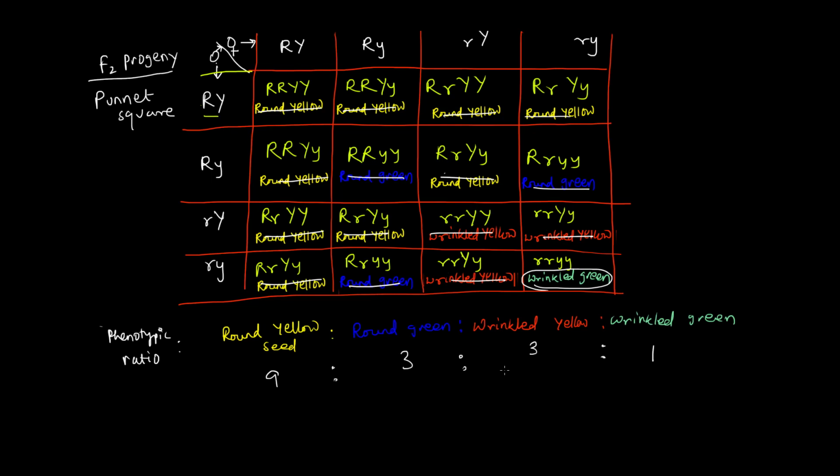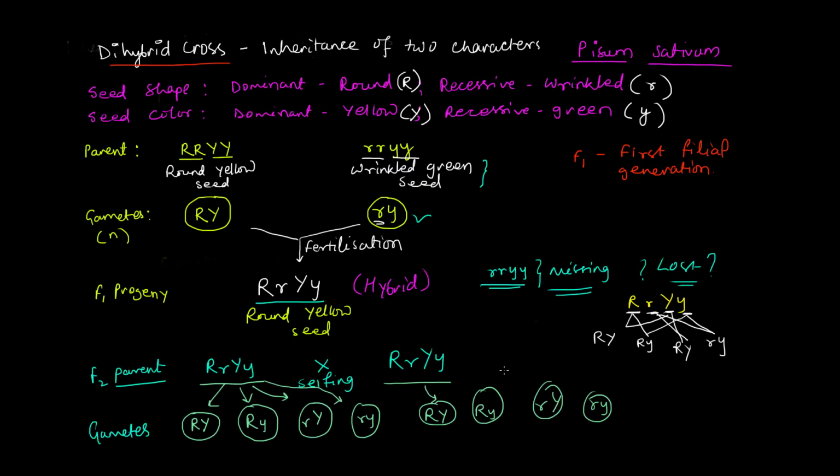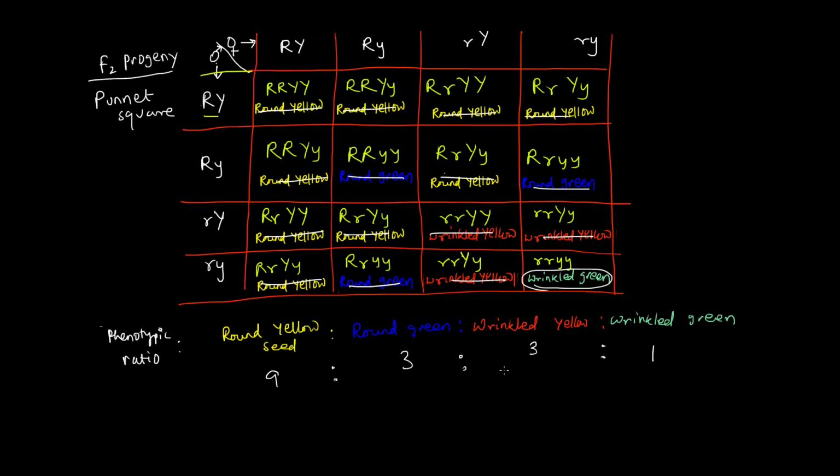So this is how, my dear students, we have the inheritance of two genes of two traits at a single time, and the phenotypic ratio turns out to be 9:3:3:1 in all cases. This is how we solve the dihybrid cross or the dihybrid ratio. I hope you are clear with these concepts. Thank you all for watching this video.